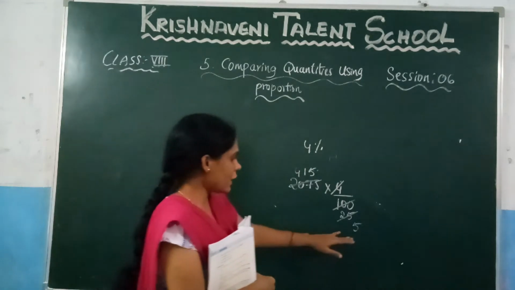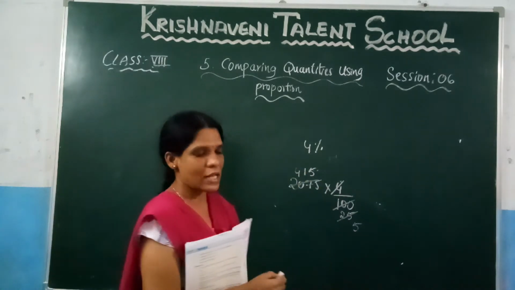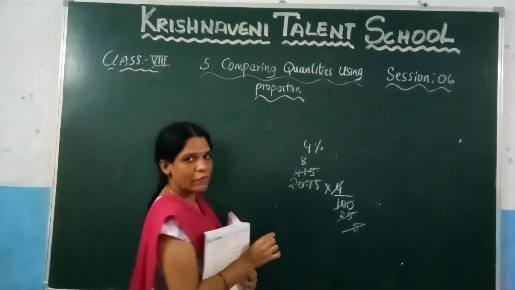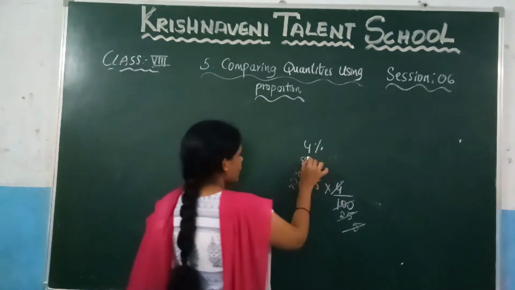Again in 5 table these two numbers will get cancelled, right? 5 8s are 40, 1 will be remaining, 5 3s are 15.